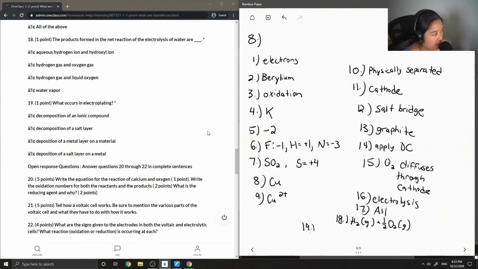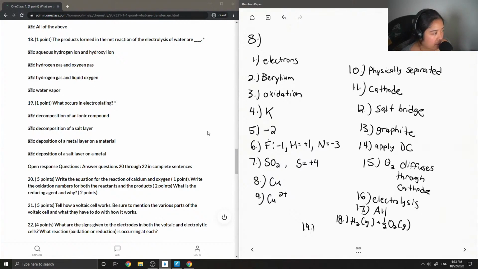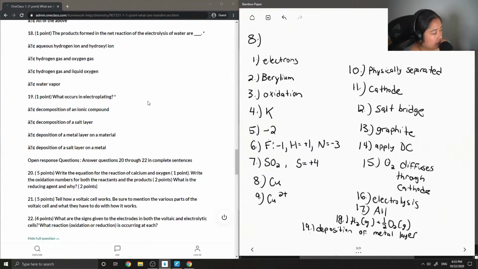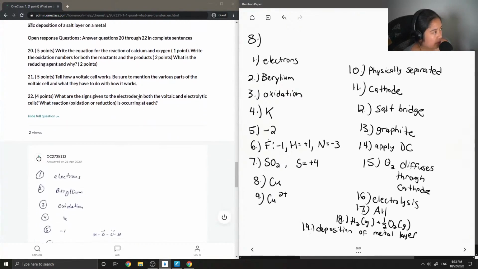What occurs in electroplating? So this is when you have the deposition of a metal layer on a material. And the rest are just open response questions.